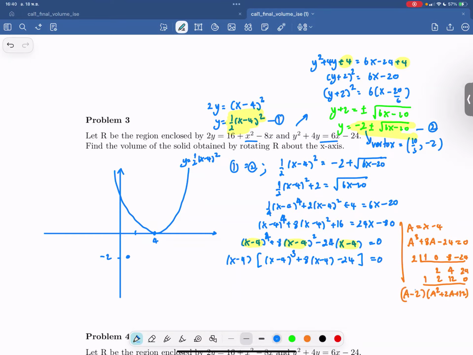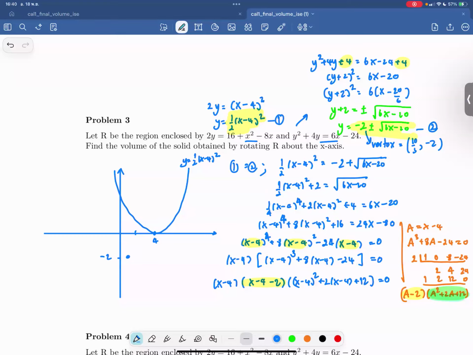So I will put the factor here to be written in the form of x minus 4. So the first bracket should be x minus 4 and then minus 2, right over here. And then the other one should be the green one, which is x minus 4 square plus 2 times x minus 4 and then plus 12 and then equal to 0.